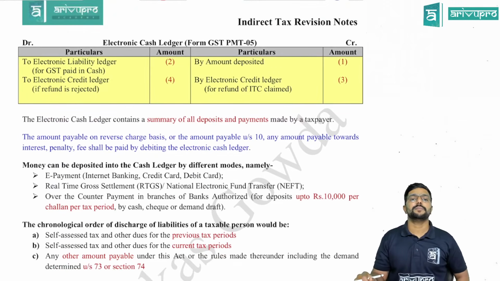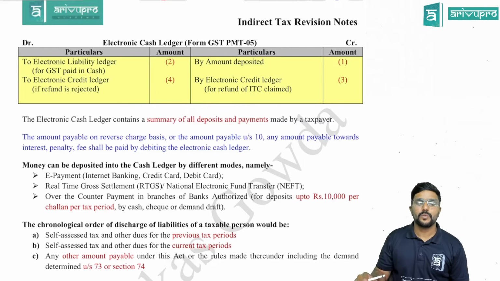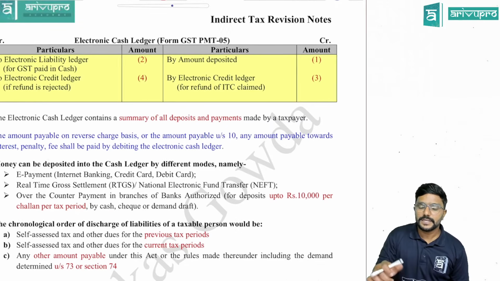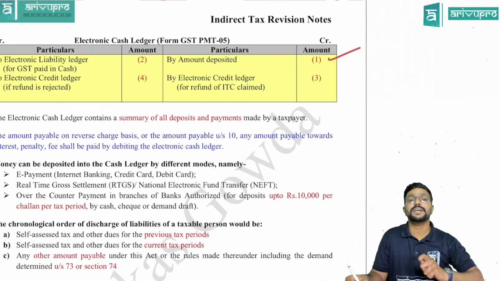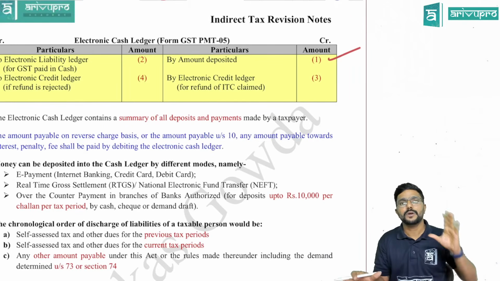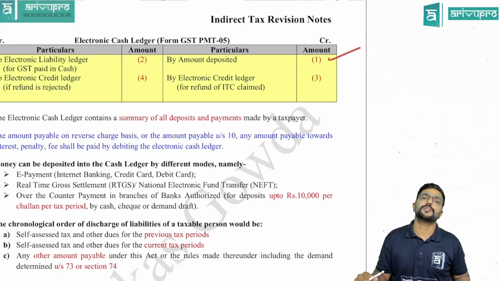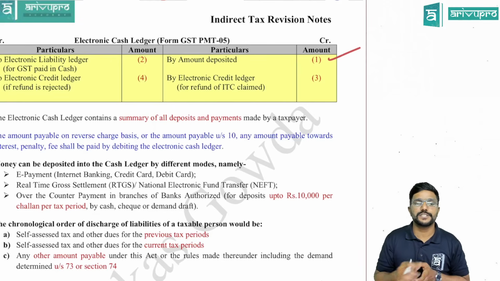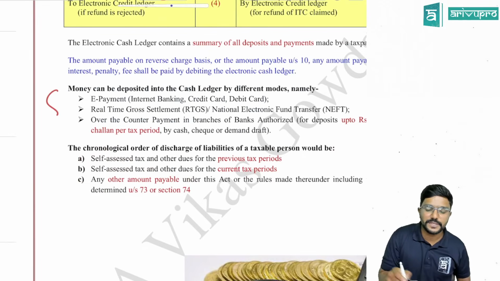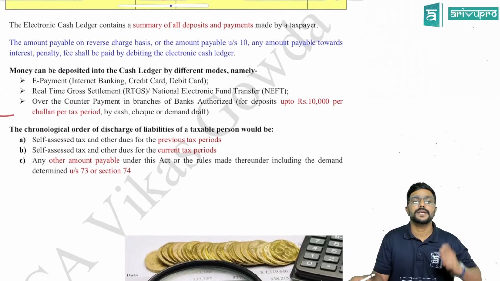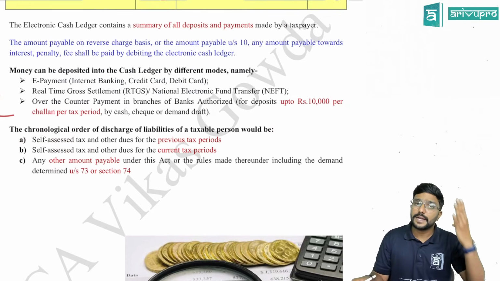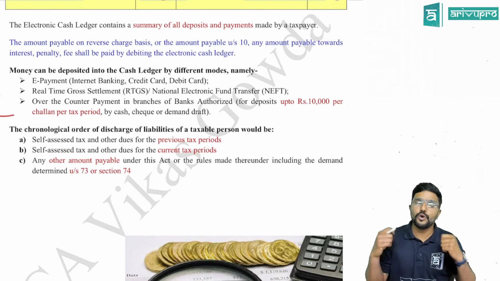Then coming to the cash ledger. The electronic cash ledger is maintained in PMT 05. Whatever amount the person is liable to pay under GST, first he has to deposit it into the cash ledger, very similar to a bank account. Only then can he make the payment through this cash ledger. There are various modes to deposit the amount into the cash ledger: e-payment, that is through internet banking, credit card or debit card, or RTGS or NEFT, or even over the counter.